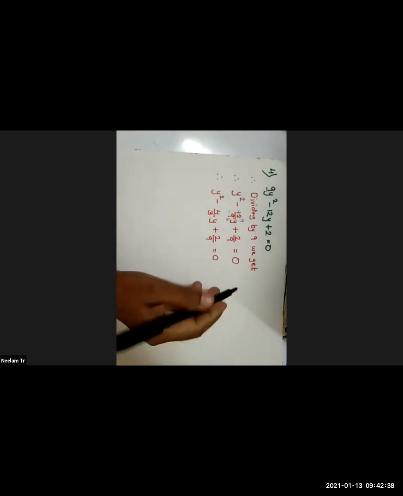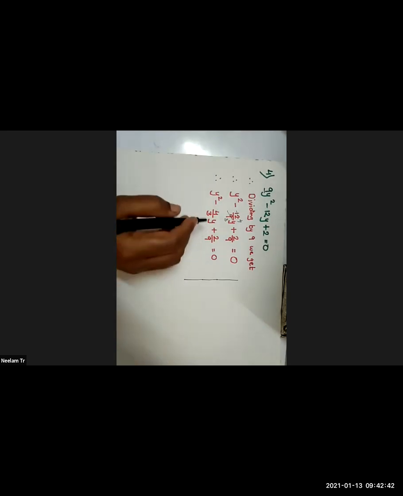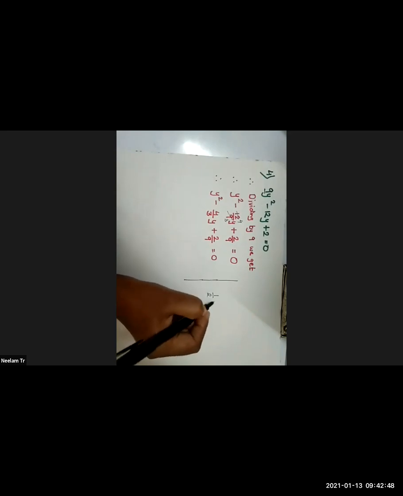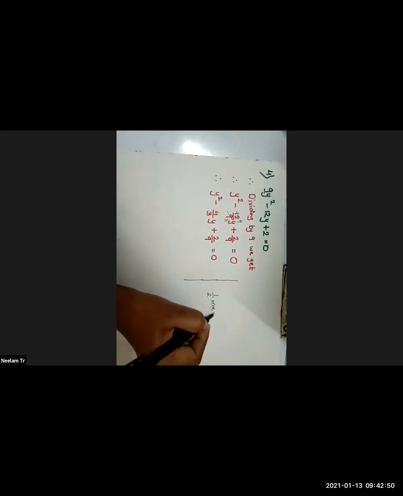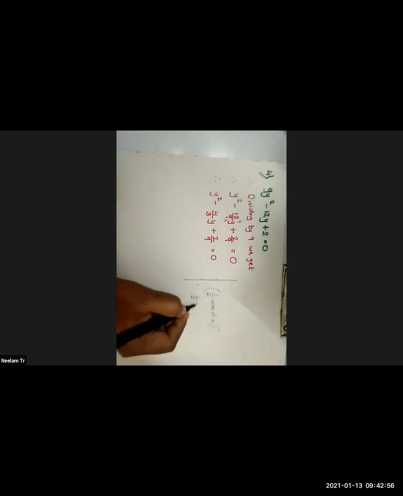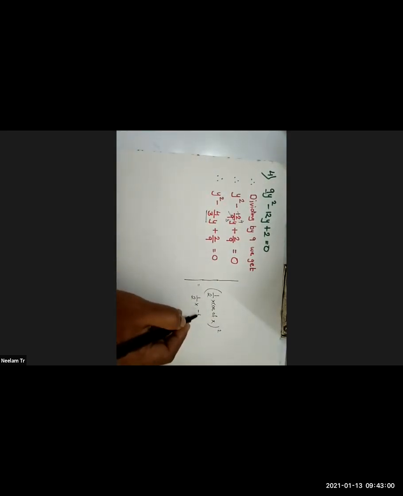Then, your second step is half into coefficient of x, the whole square. That is half into, क्या है coefficient of x? Minus 4 by 3.